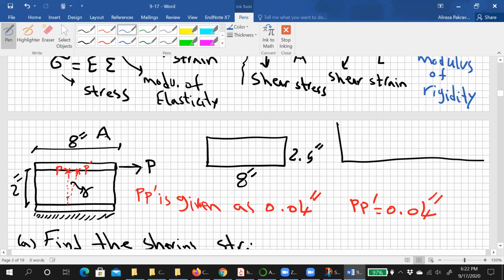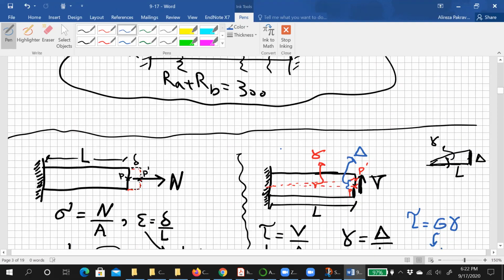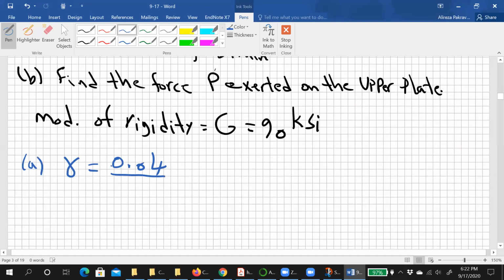Because now the deformation is perpendicular to the length, the same as here. Look at the original shape. The delta is perpendicular, that's a shear. So divided by 2, 0.02. Okay.